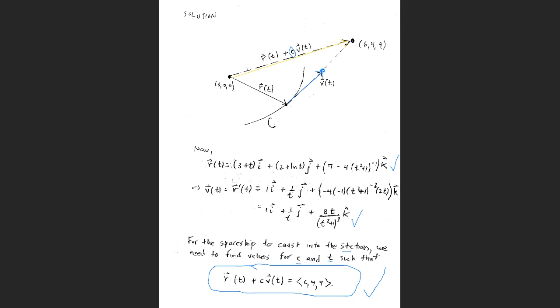Of course, I took derivatives here, used the chain rule and so forth to get my velocity vector. Let me know when you're ready to move to the next page.